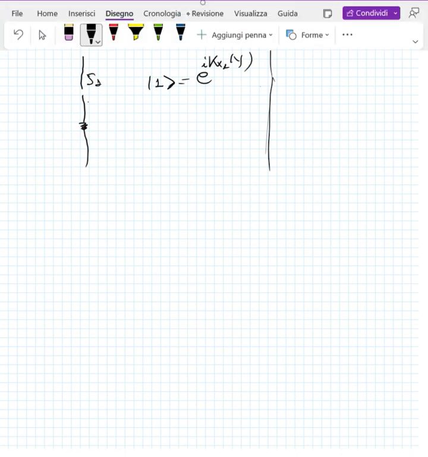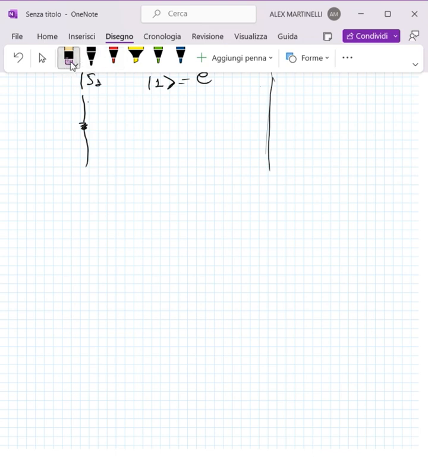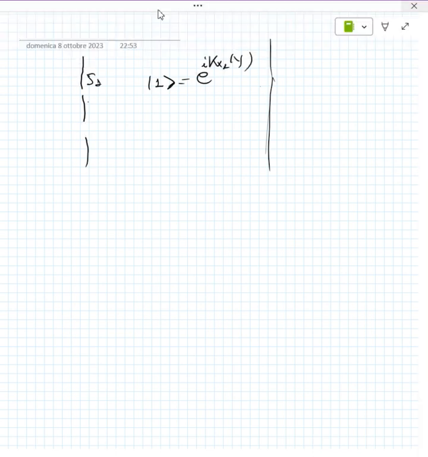Likewise, if we close the first slit and not the second, we have this state. But there is more.